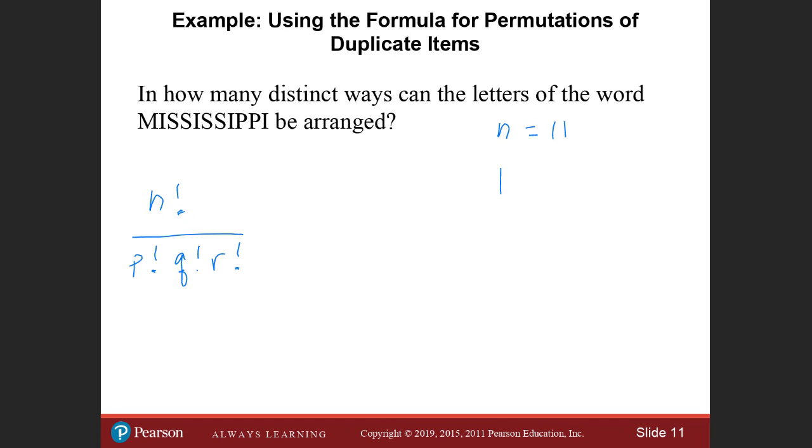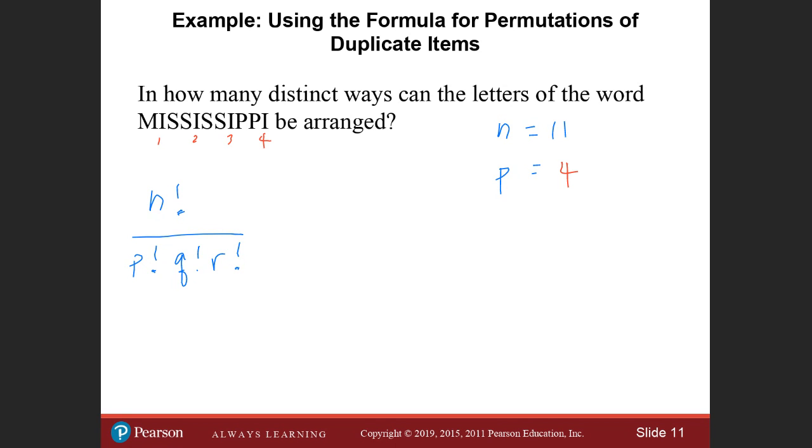Our p here would be, let's assume we have the i there. So let's count how many i's we have here: 1, 2, 3, 4. So p is equal to 4.